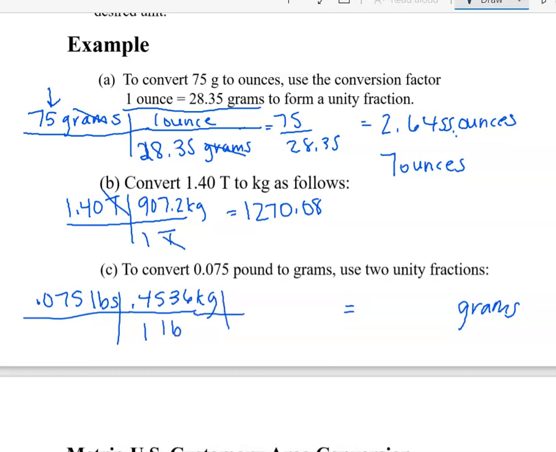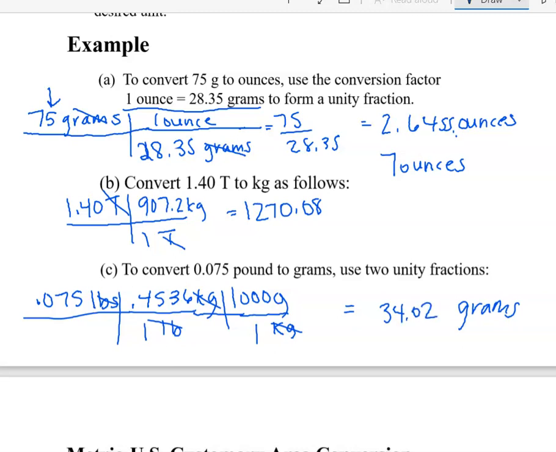And our pounds canceled out, it's great, but we need our kilograms to cancel out. And I know that there is 1,000 grams in 1 kilogram, so that's going to get my kilograms to cancel out. So I'm going to multiply 0.075 times 0.4536 times 1,000, and I'm going to get 34.02 grams.